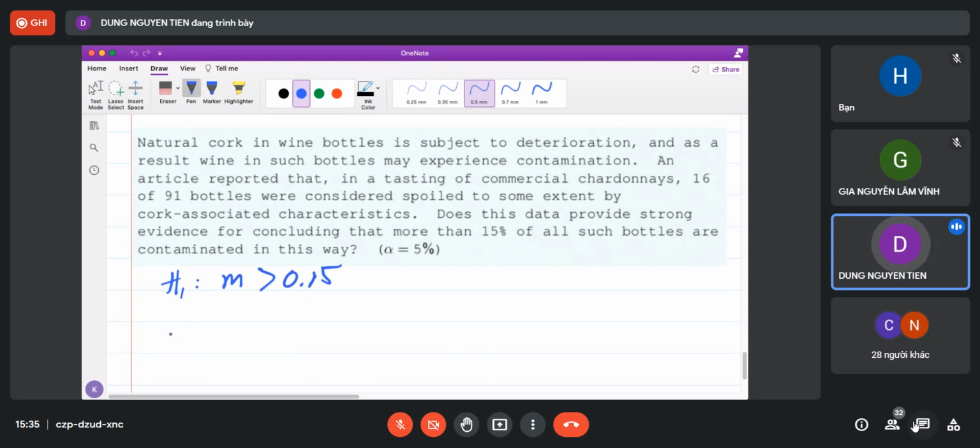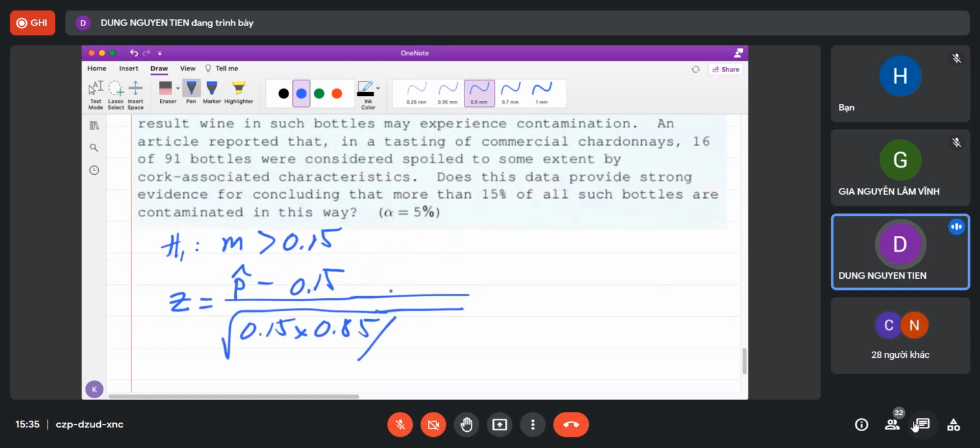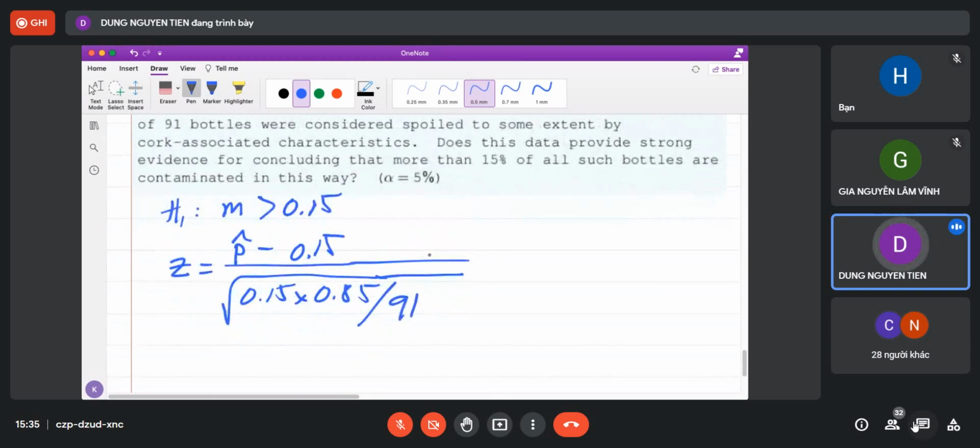And then you come up with the value of Z, which is P hat minus 0.15 over the square root of 0.15 times 0.85 divided by n, in this case 91. And P hat is 16 over 91, and you can get the answer.